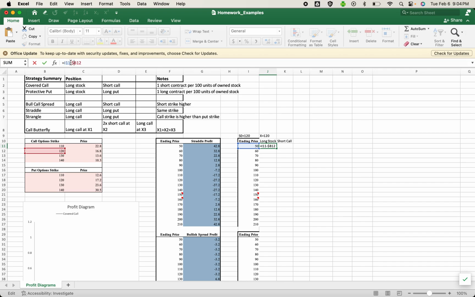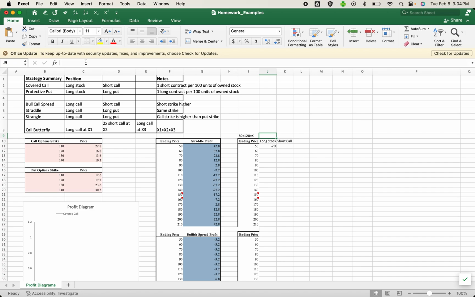So I'm just going to use conveniently the strike prices. Okay, so I'm going to lock this so I can drag the formulas. I'm only locking this using the strike price because I'm making the strike price equal the spot price. The reason I'm doing this is we need some kind of reference point for the stock price to calculate the profit, right?